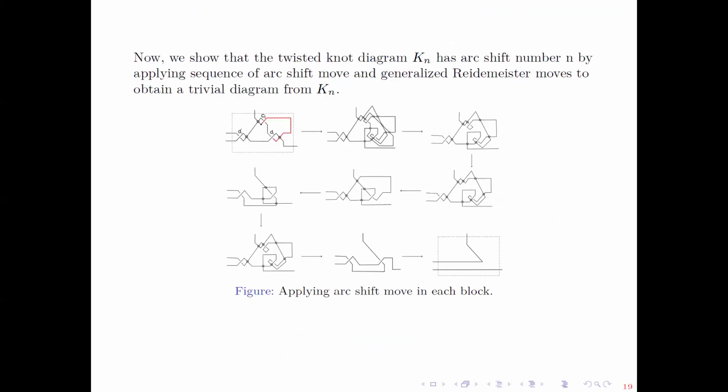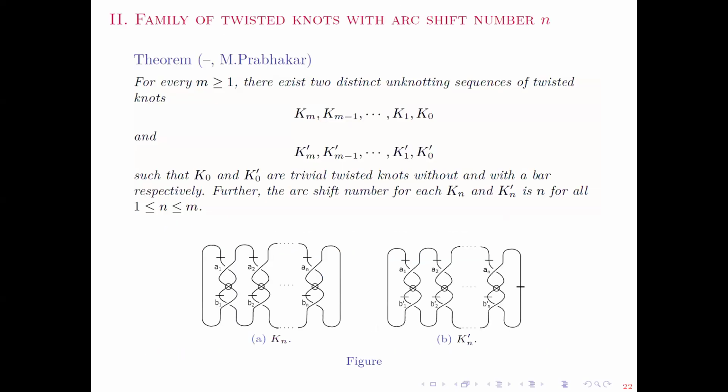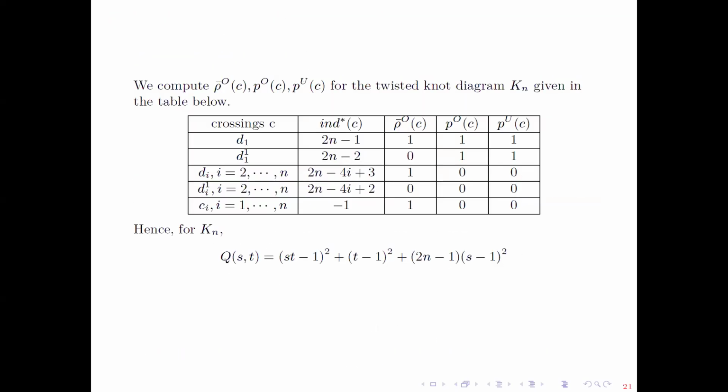Also, for every Ki, we found a polynomial invariant which depends on this n. So we know that each Ki is different. We have used a polynomial like this.